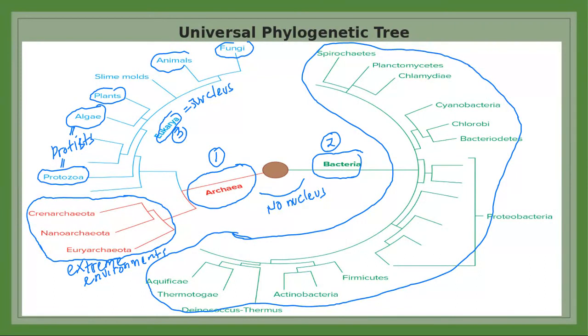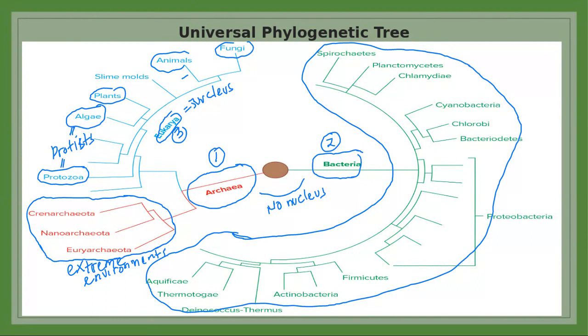We will learn this more in the next chapters. For example, fungi will be in chapter 22. Then worms, like animals, will be in chapter 23. Protozoa and algae, I believe, are also in chapter 23.